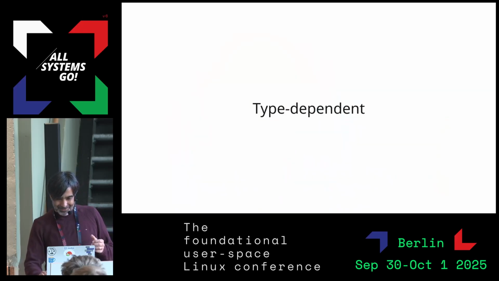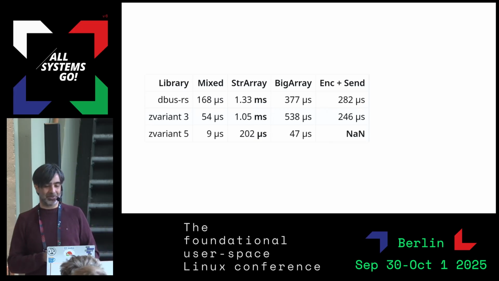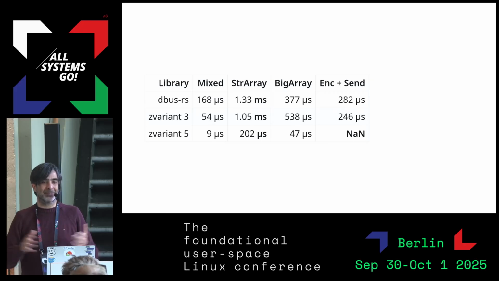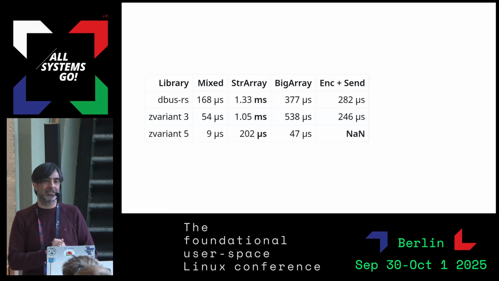In here, I forgot to mention this NaN thing. When we put all of that together, zvariant 5 was so fast that all those connections were made too fast, and it was just giving us an error, like the dbus broker was kicking us out. So we couldn't measure the complete pipeline for zvariant 5.